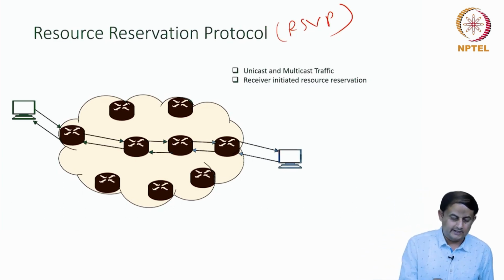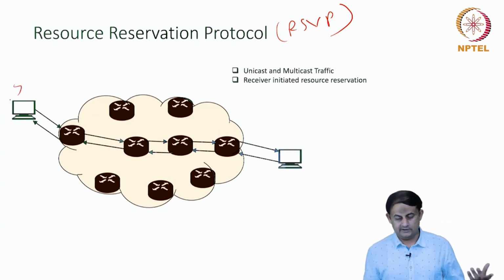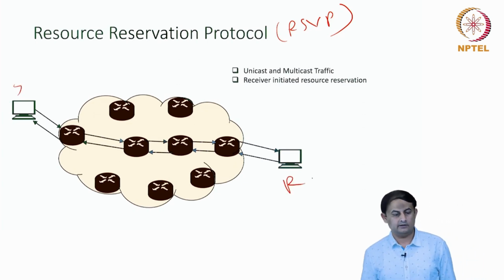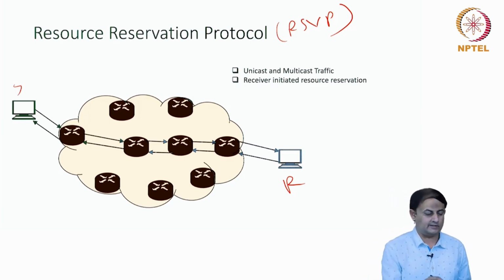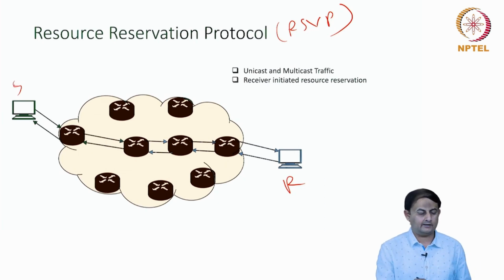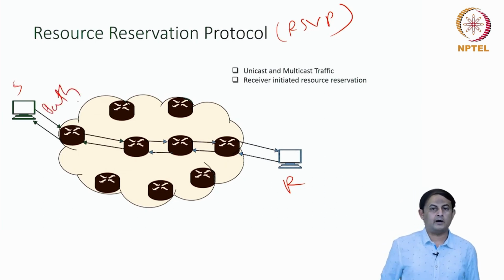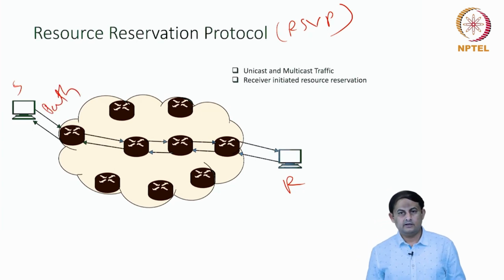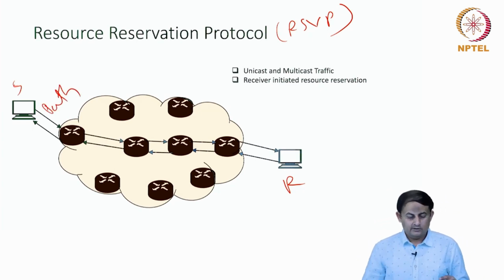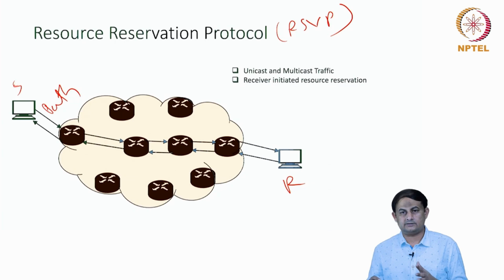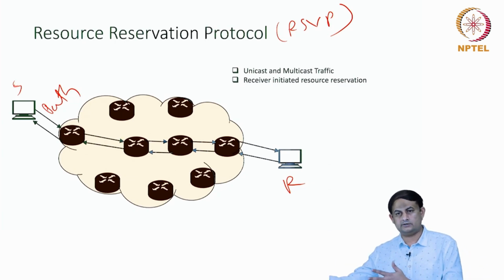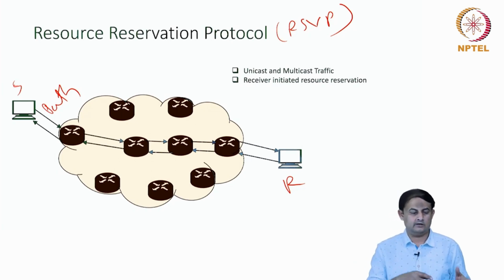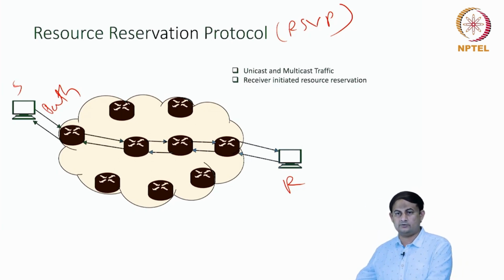So let's say in this diagram, S is the source or the sender and R is the receiver, and there are a bunch of routers inside the network. The reservation process starts with the sender transmitting a packet called the path packet or a path message, and its job is to find out what is the path that is supposed to be taken. So, for example, should I go to router R1, R2, R3, R4 and then to the receiver, or R1, R5, R6 and then to the receiver R2?